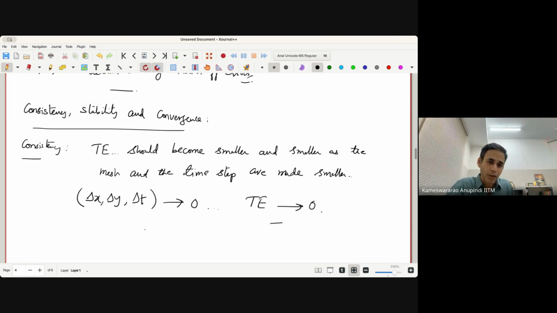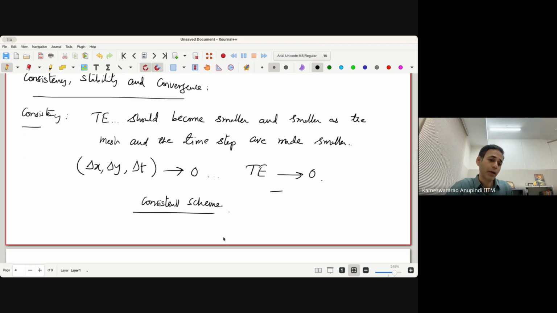Okay, then only we can say that the particular scheme is a consistent scheme because it is behaving in a consistent manner, right? If it is not behaving in a consistent manner, for example, if you have taken cells of size 2 millimeters in a big problem, then you are getting some answer. But when you take delta x equals 5 millimeters, you are actually getting a better answer.